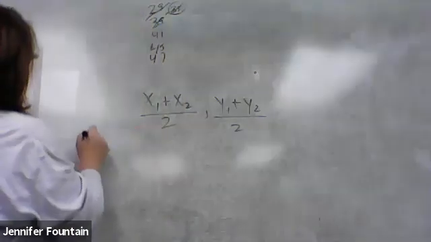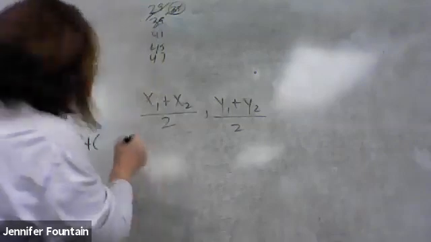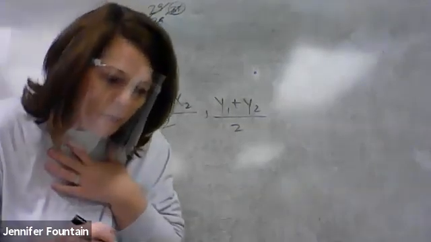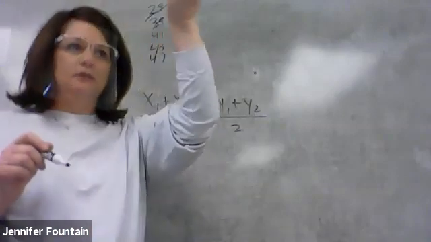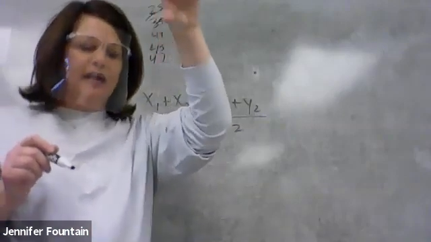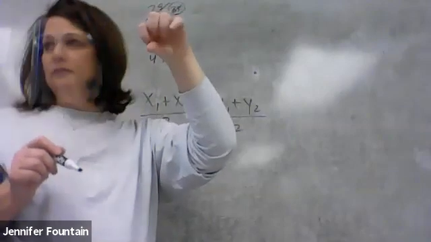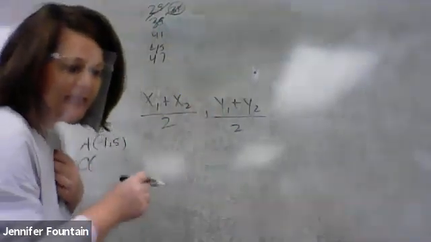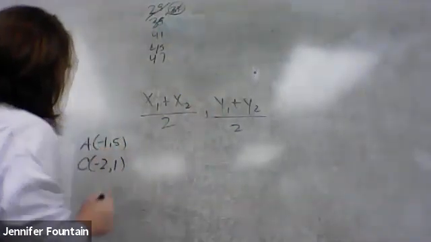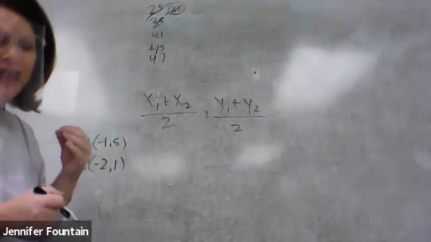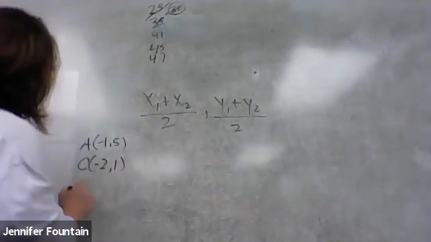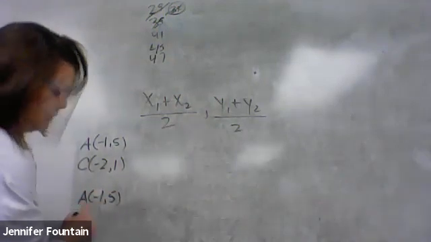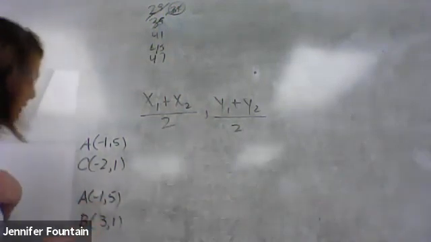So we'll say A is -1, 5. Which two measures do I need to be able to find the length of side AC? Obviously, we need A and C. So A is -1, 5, and C is -2, 1. So that's one side that we've got to find the halfway point of. And then we also need to find the halfway point of A to B, which is 3, 1.